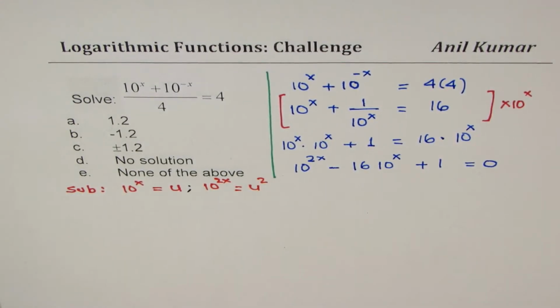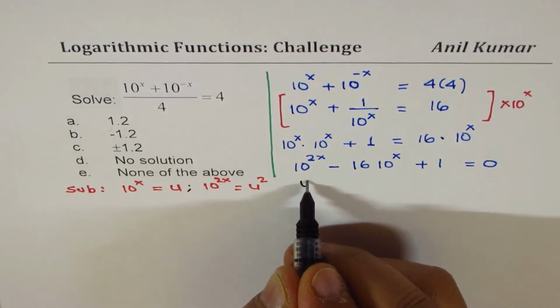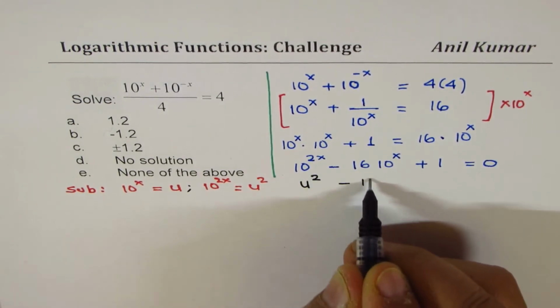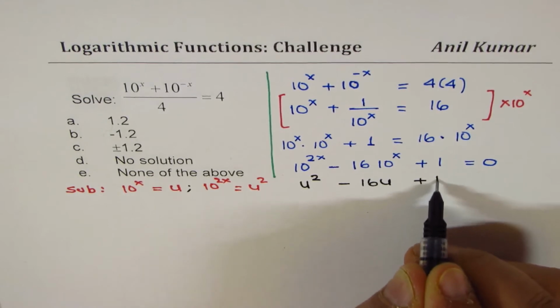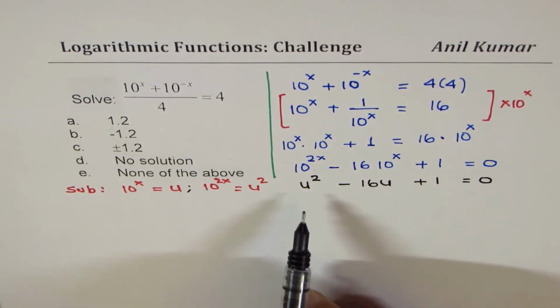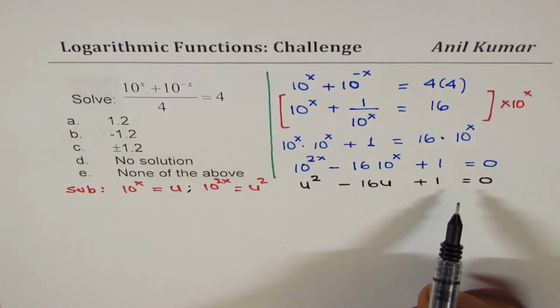So what we get here is u square minus 16u plus 1 equals 0. So now we have a quadratic form.